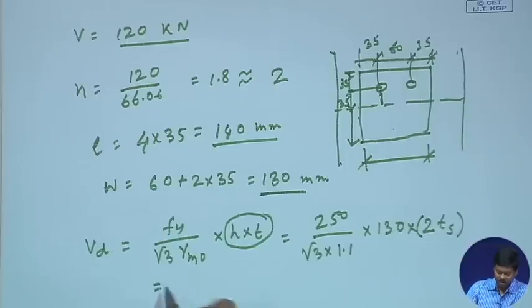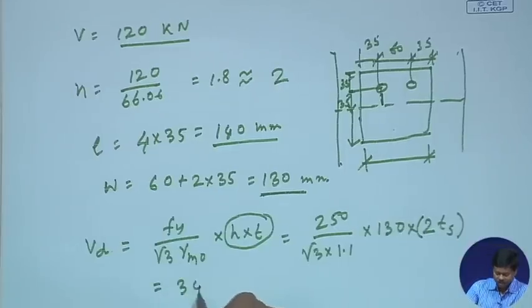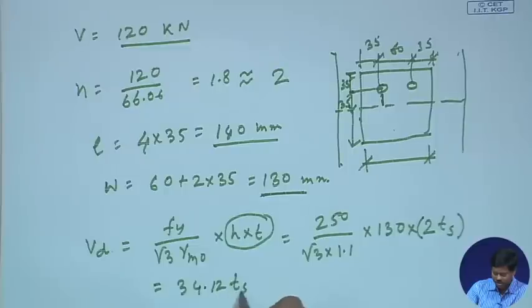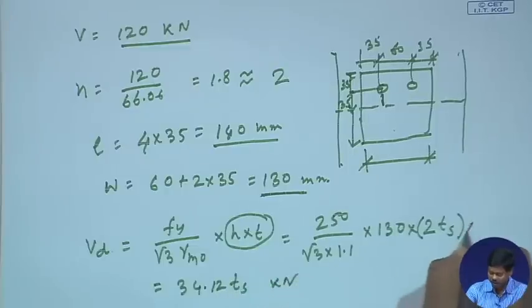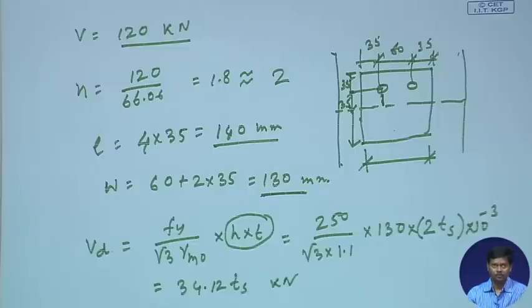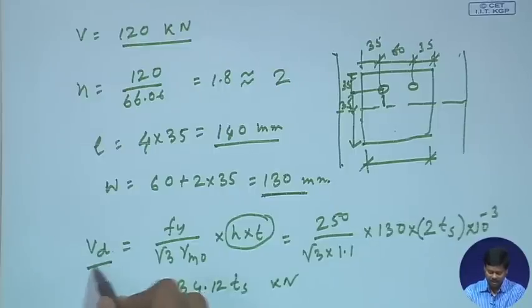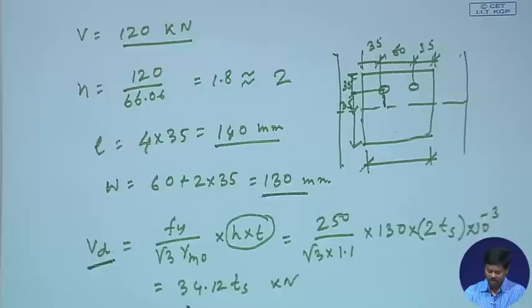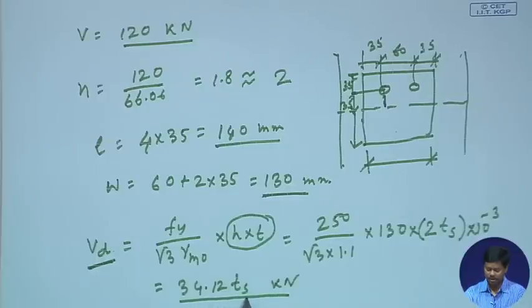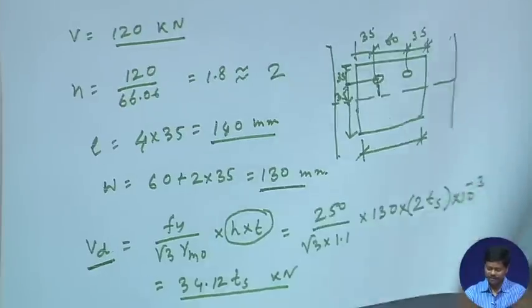So, we can find 34.12 into T s kilonewton, if we make it kilonewton by multiplying by 10 to the minus 3. So, V d, the design shear strength, can be found as 34.12 into T s, where T s is the thickness of the splice plate. So, with respect to the thickness of the splice plate, the design shear strength has been calculated.